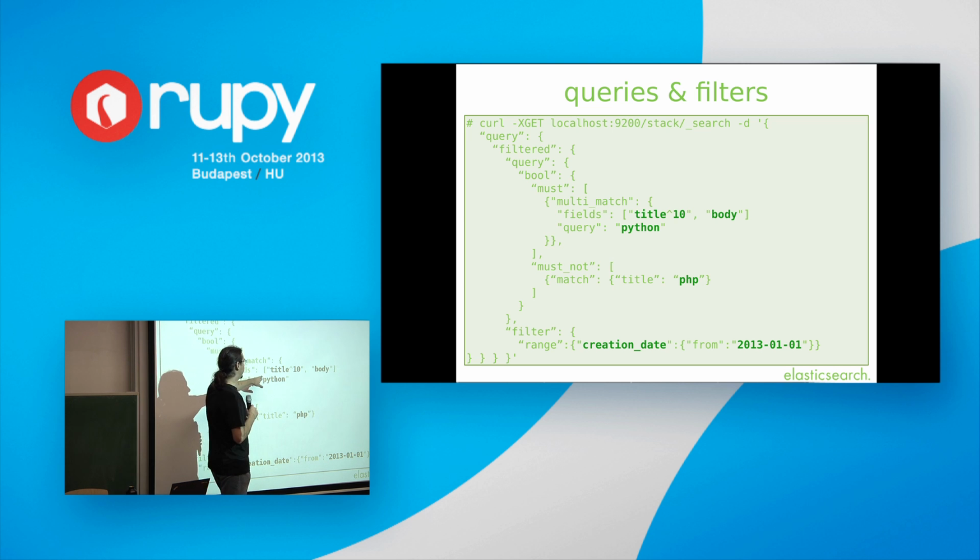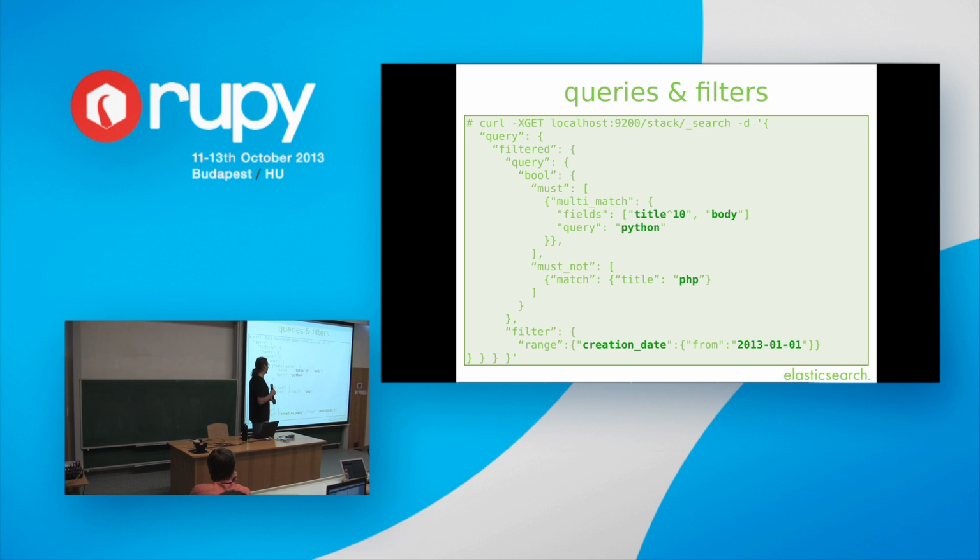So for example, we use this because we are even here saying that title is more important for us than the body. So if there is a document which has Python in the title, it will be more relevant to our search. And of course, we can do Boolean logic, so we can always exclude PHP.